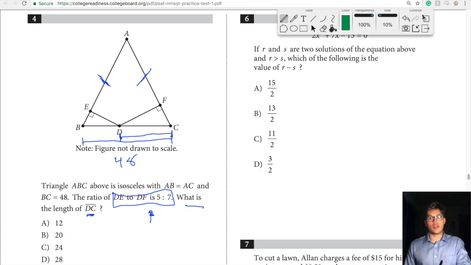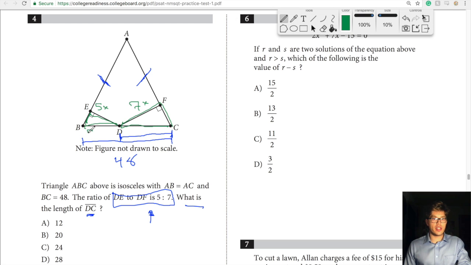The secret here is to understand that triangle BED and triangle DFC are similar triangles. If the ratio is 5 to 7, that's saying this is 5 times some number and this is 7 times some number. But this ratio holds true for all sides of these triangles.